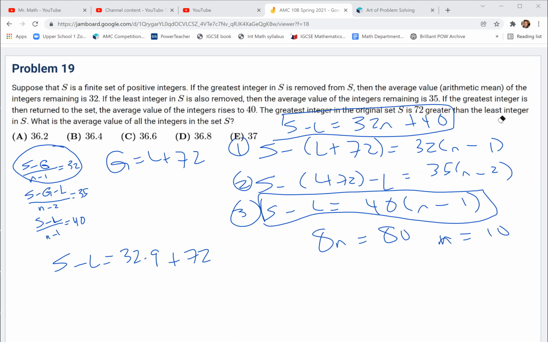For equation 2, I get S minus 2L equals 35 times 8 plus 72. And then the third equation is S minus L equals 40 times 9.